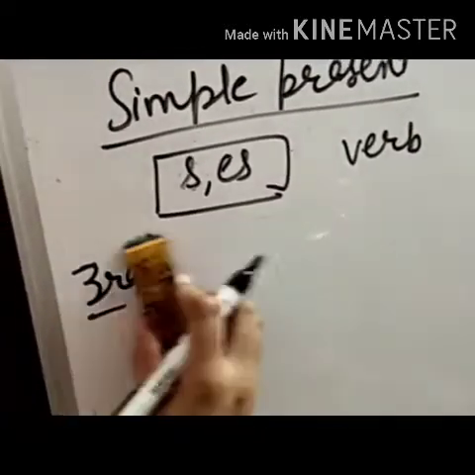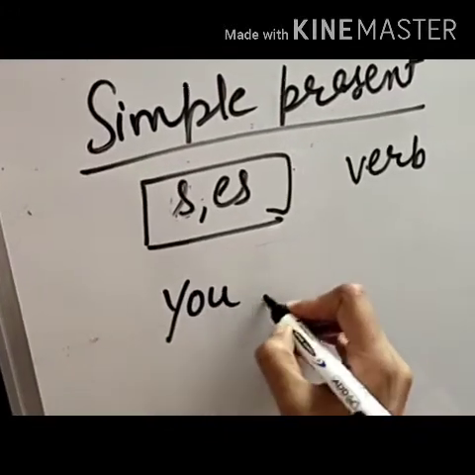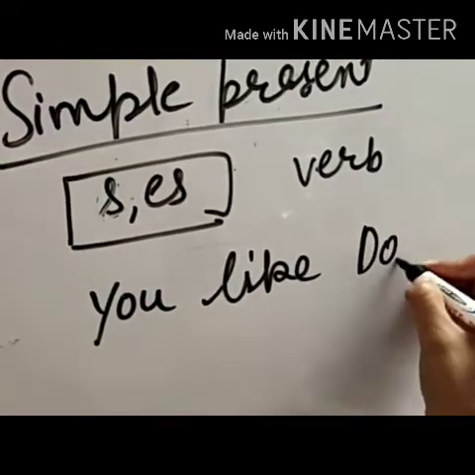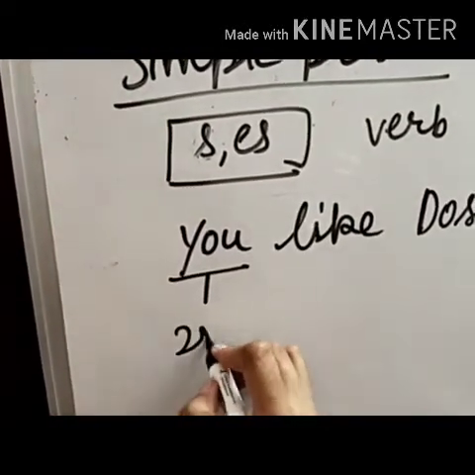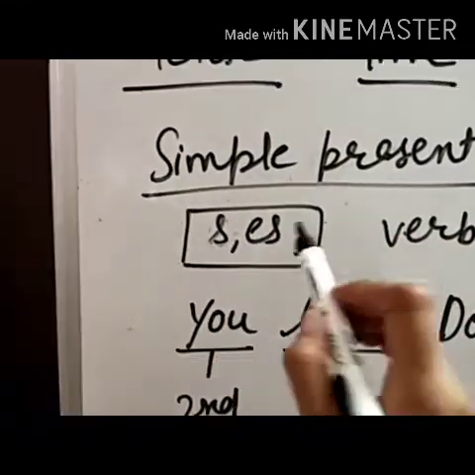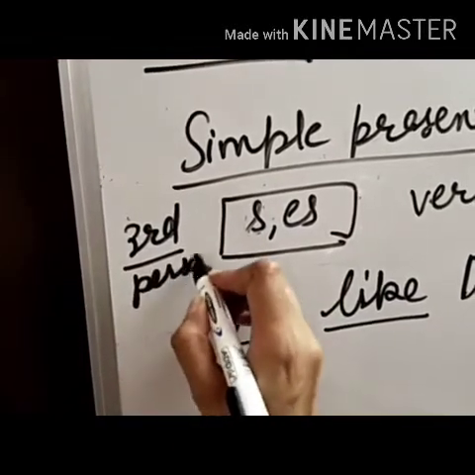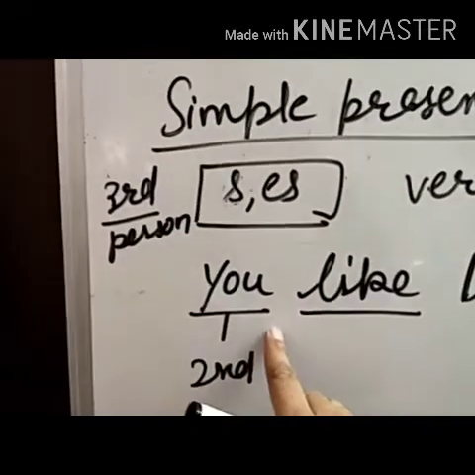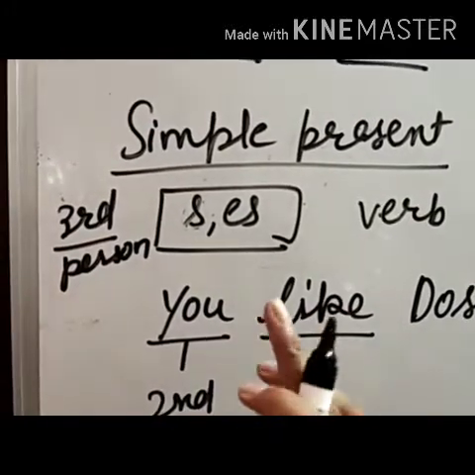Another example. You like dosa. In this, you is second person. So remember, we apply S/ES when we are talking about third person singular. And you, we don't consider it singular. We always use plural rules with you.